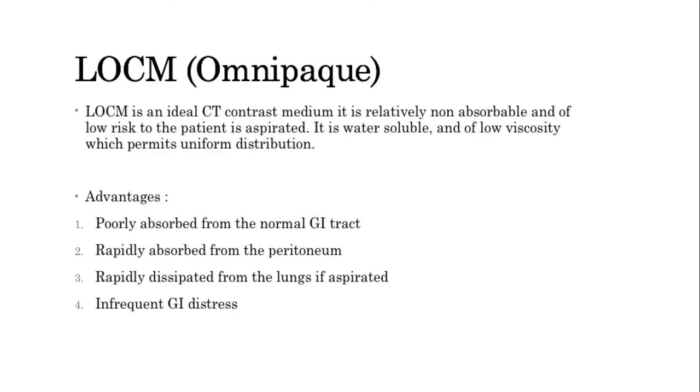Rapidly dissipated from the lungs if aspirated. This is the most important thing. If the patient aspirated low osmolarity contrast medium or Omnipaque, it can be rapidly dissipated. And it does not cause frequent GI distress like constipation or severe constipation.